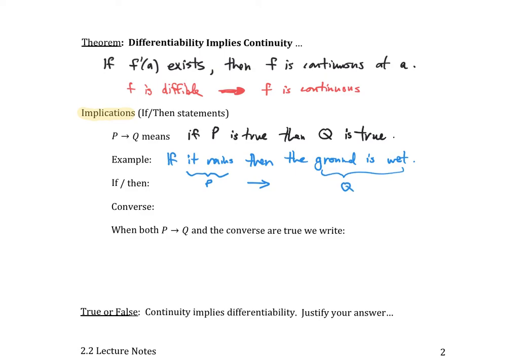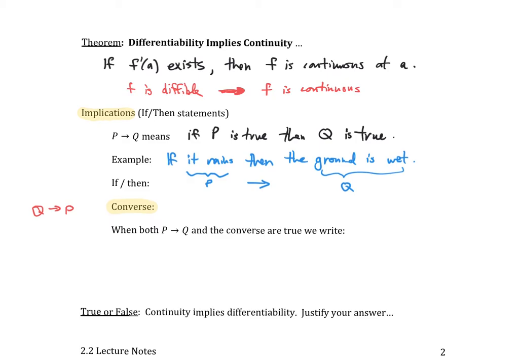So we have this idea of a converse, and converse isn't just the name of a sneaker brand. Converse actually in logic means we're reversing the direction of the arrow. So when you reverse the direction of the arrow, what does that look like? Well, reversing the arrow would basically mean that Q implies P, right?